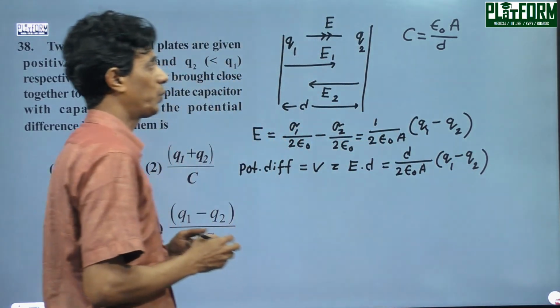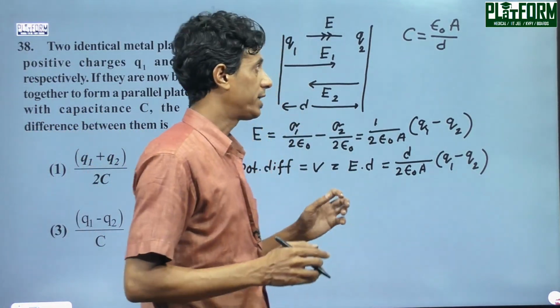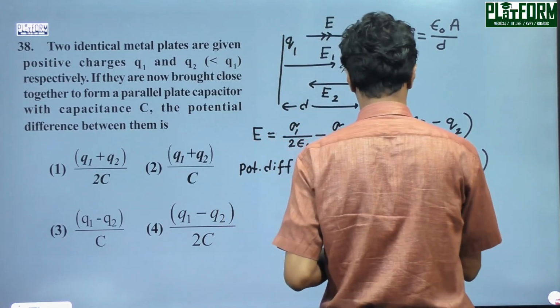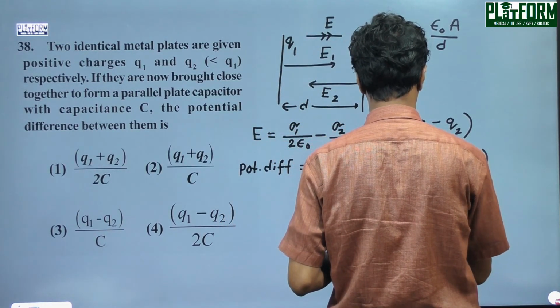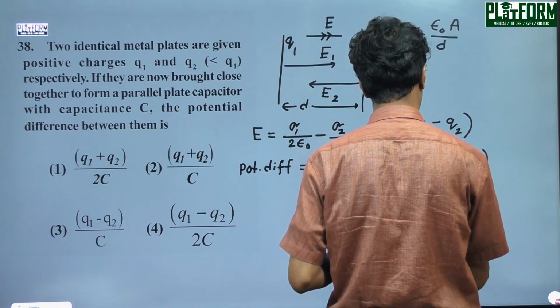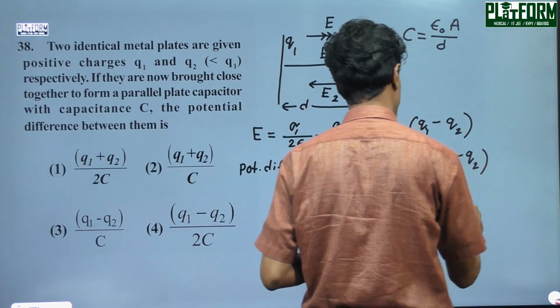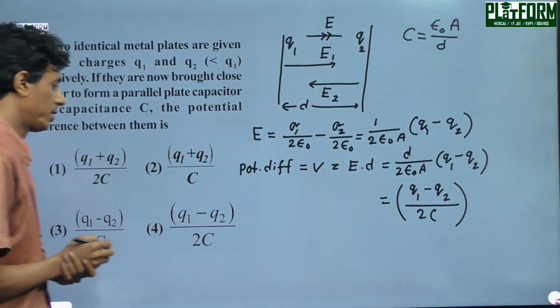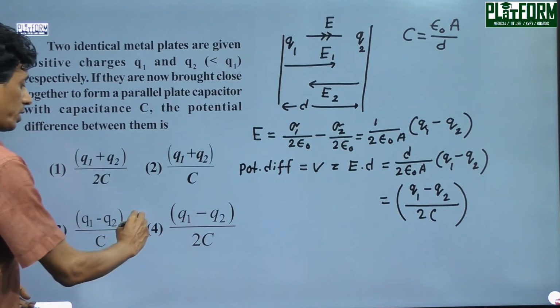Capacitance is epsilon 0 A by D, and replacing here we can say the potential difference V is equal to Q1 minus Q2 by 2C. It is the potential difference between these two plates. And the correct option matches with 4.